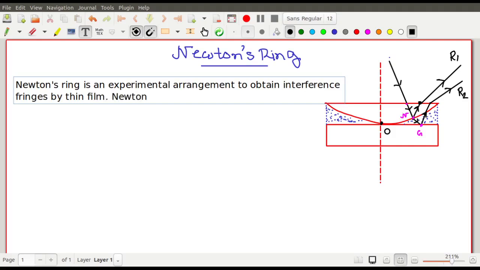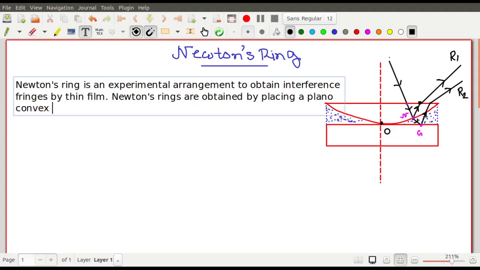Newton's rings are obtained by placing a plano convex lens over a glass plate, thus forming a thin film, monotonically increasing in thickness.